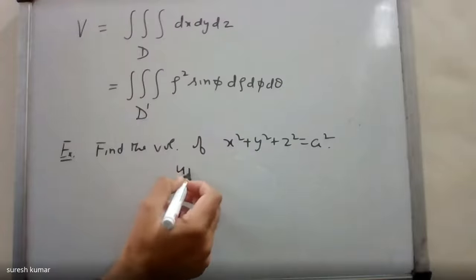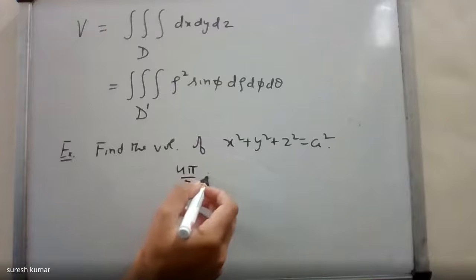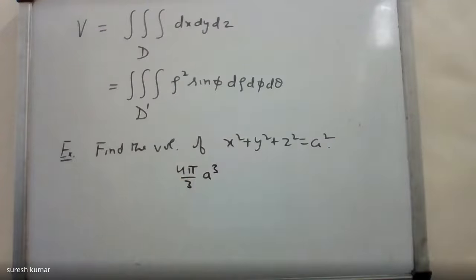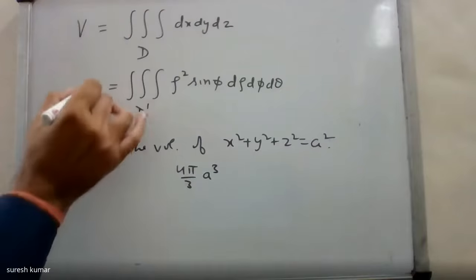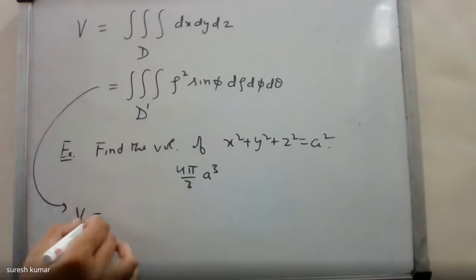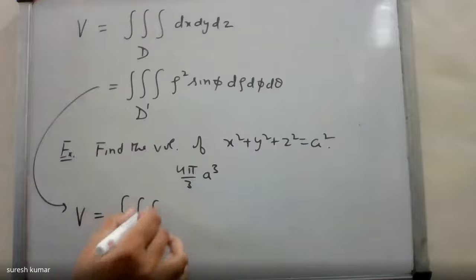Answer is 4 pi over 3 a cube. Is it? 4 pi over 3 a cube. But how to get it? Using this formula. You can use this formula for the volume of a sphere.